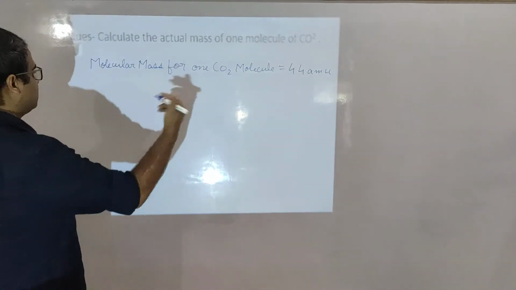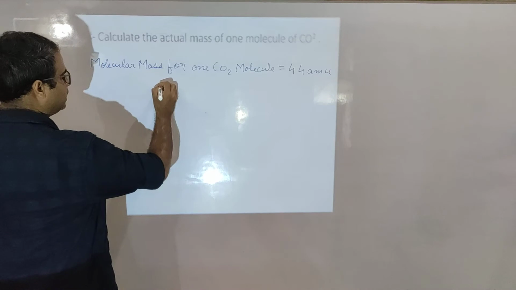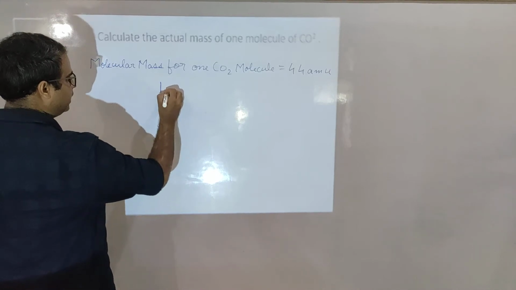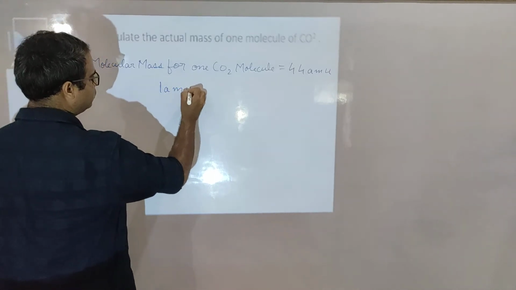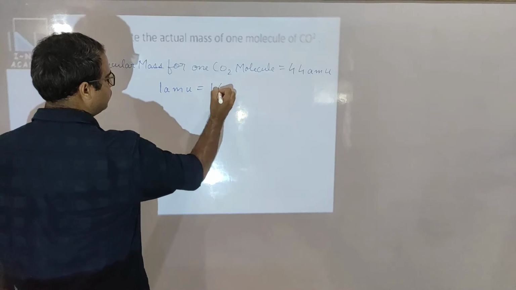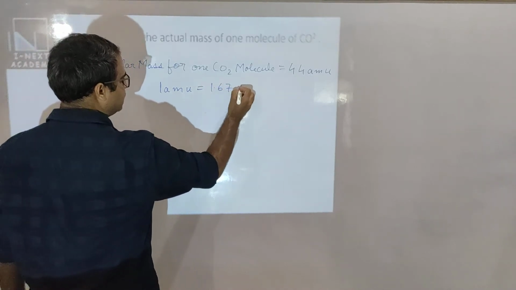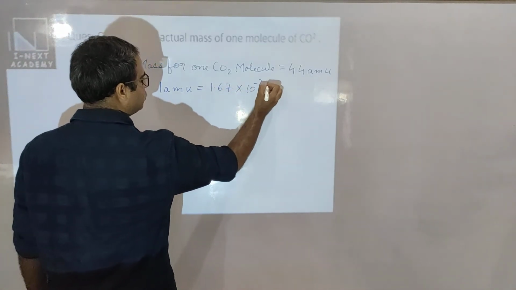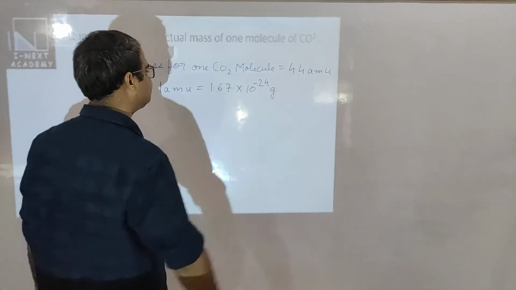I had already told you in the lecture that 1 AMU is equal to 1.67 into 10 to the power minus 24 gram.